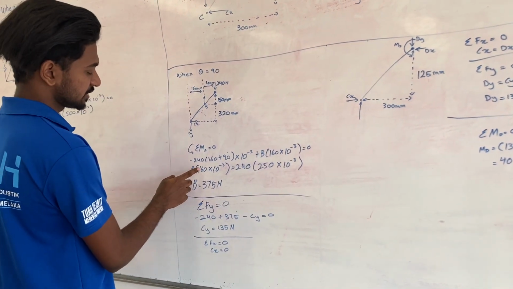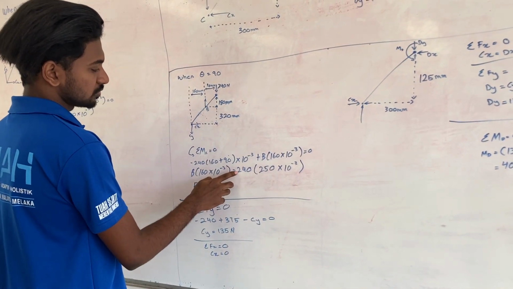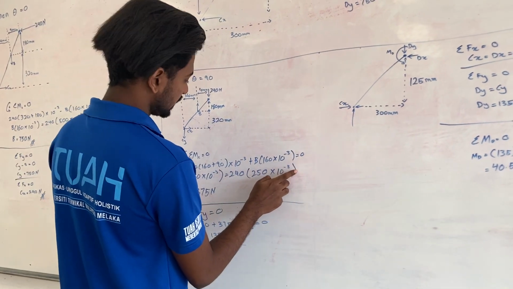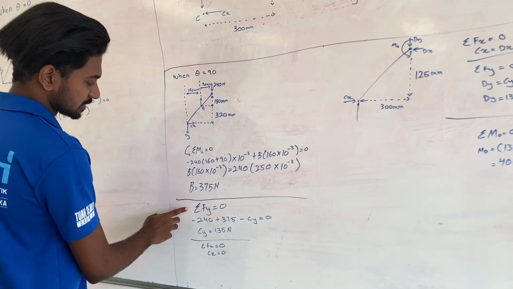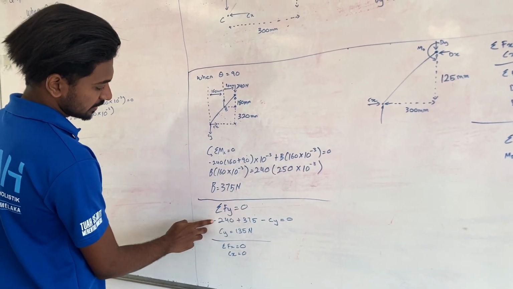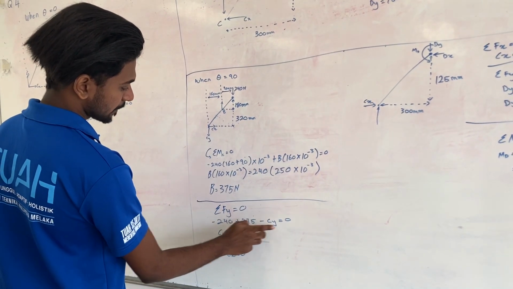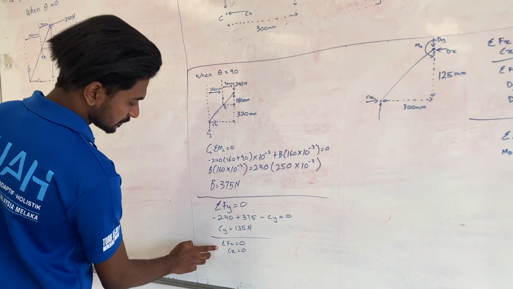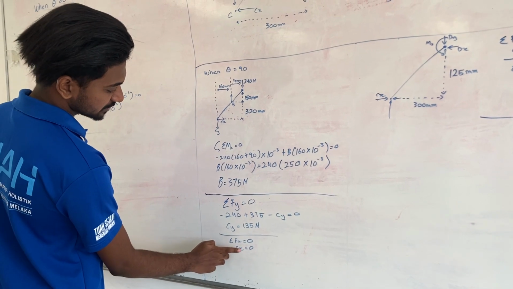B bracket 160 times 10 power of negative 3 bracket equals 240 bracket 250 times 10 power of negative 3 bracket, and B we got 375 Newton. Summation of forces on y-axis equals 0, minus 240 plus 375 minus Cy equals 0, and Cy we got 135 Newton. Summation of forces on x-axis equals 0, and Cx we got 0.